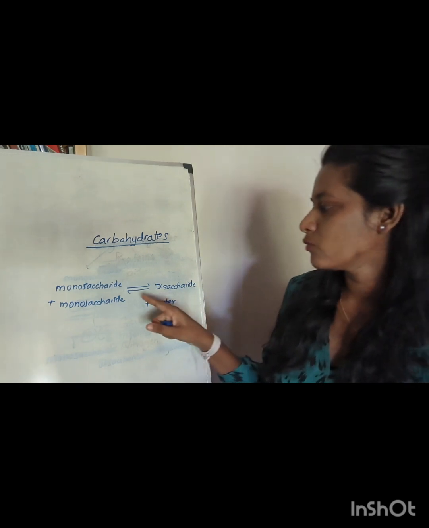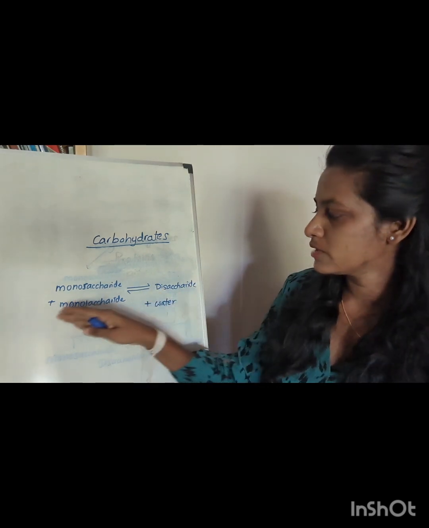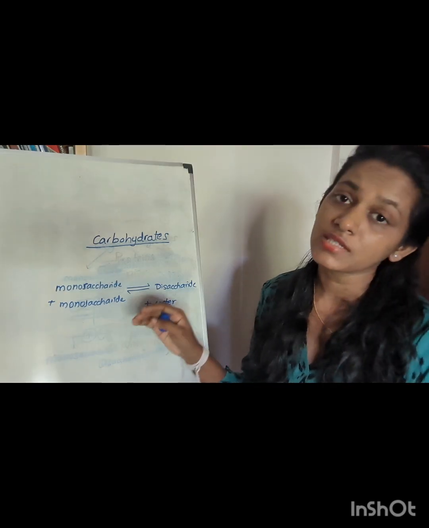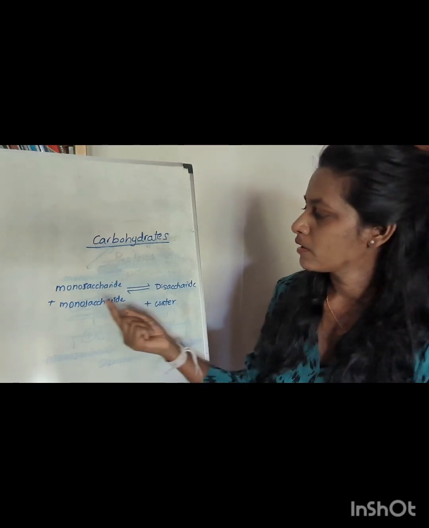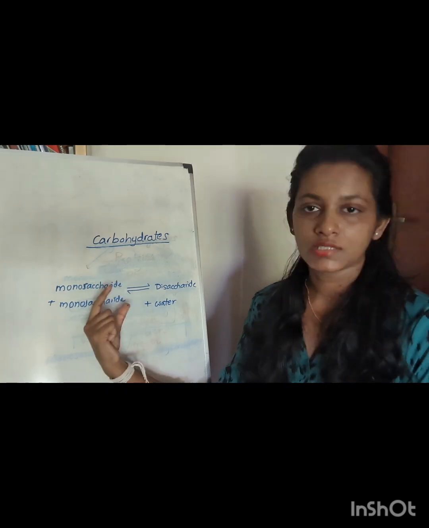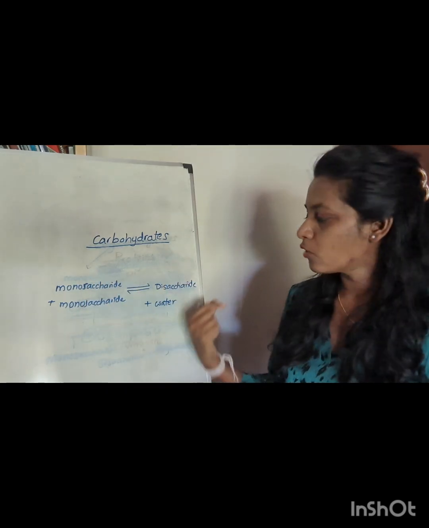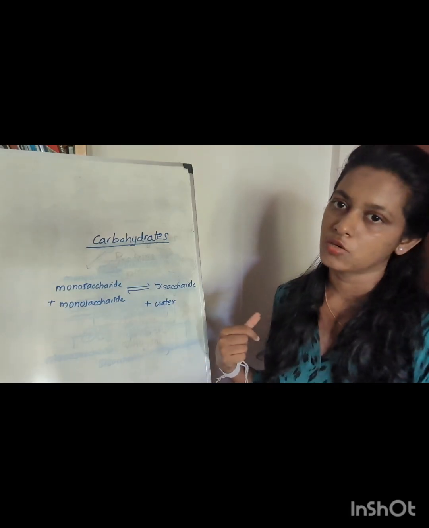Now you must be wondering why I put this arrow in this way. That means this reaction is reversible. It can happen in either way. So those two monosaccharides combine together, and it gives a disaccharide and a water molecule. It gives off a water molecule.